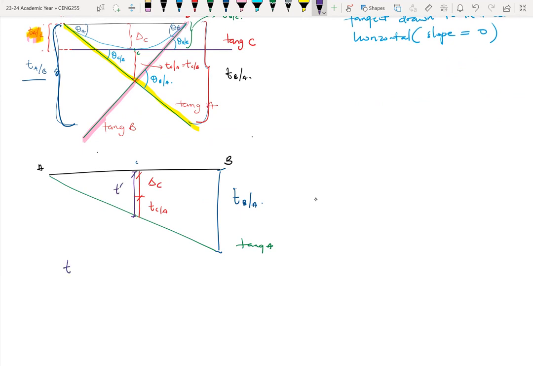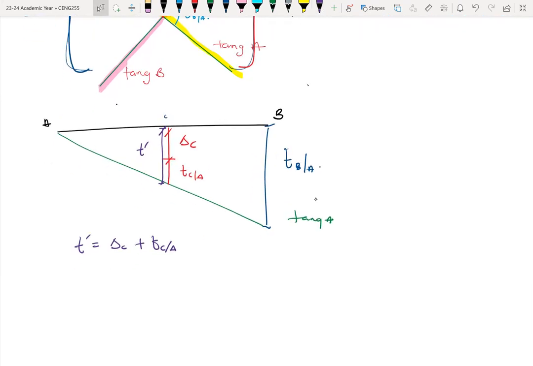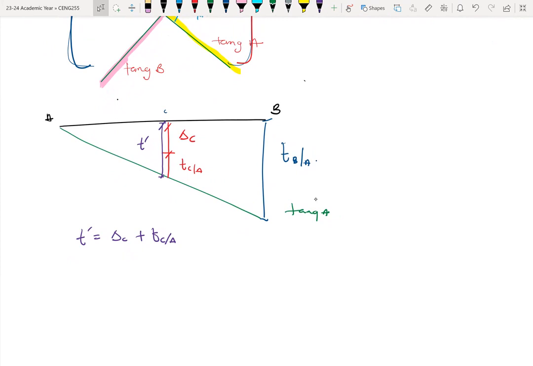So that T prime is equal to delta C plus TCA. All right. So that's the whole idea. This is L over 2. This is also L over 2. Okay. The angle here will be theta A.